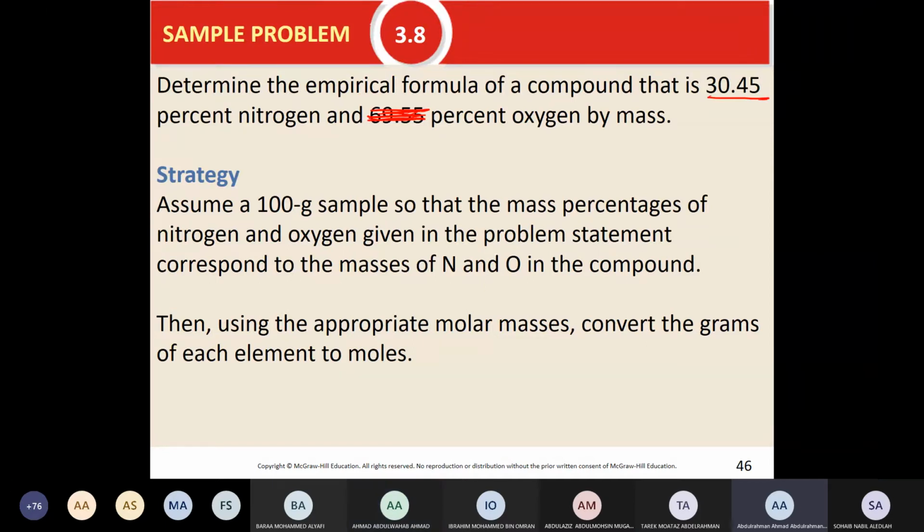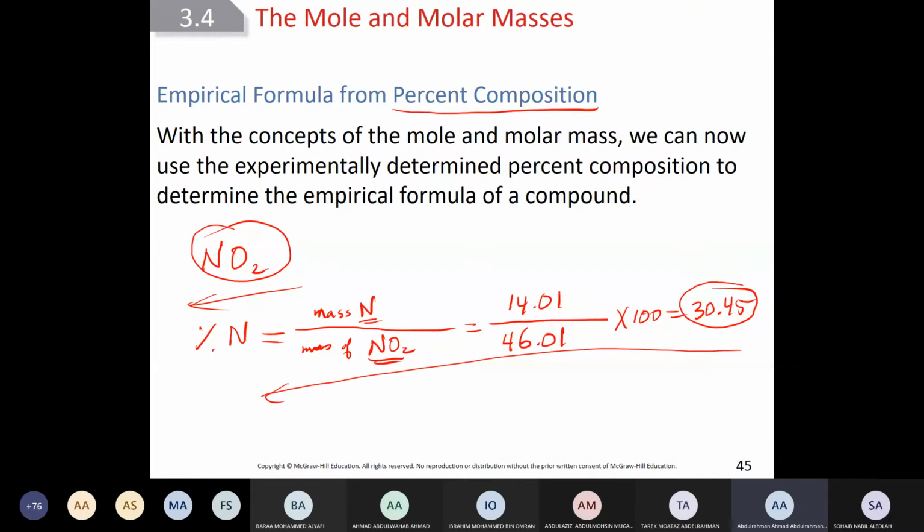Clear? Let's go back to our question. When I say 30.45% nitrogen, what's the percentage of oxygen in this compound? 100 minus 30.45 is 69.55. Exactly, 69.55 percent oxygen, 30.45 percent nitrogen.